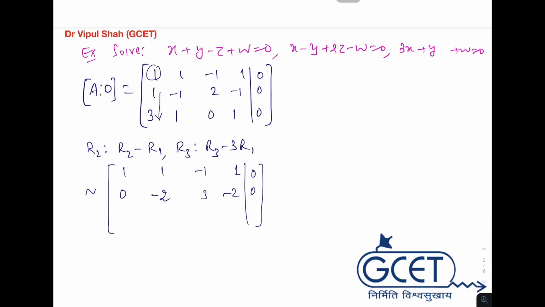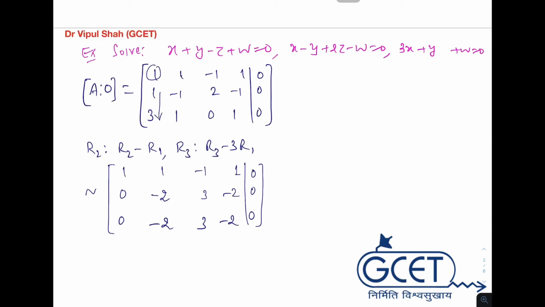Now this one is multiply with minus 3 and add here, so that is 0. Multiply with minus 3 here, add to 1, so that is minus 2. Then multiply with minus 3, so that will be 3 plus 0, so that is 3. Multiply with minus 3, so minus 3 plus 1, minus 2 and 0.